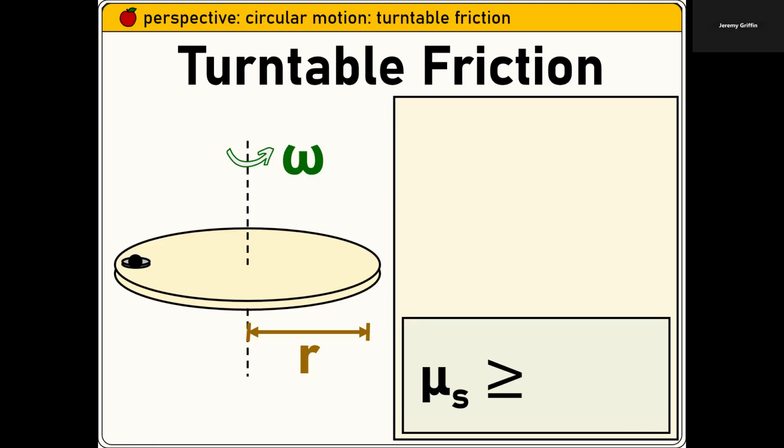There's a free body diagram part of it, which you guys can get. There's that algebraic derivation, which you guys should also be able to get. Here are some hints.